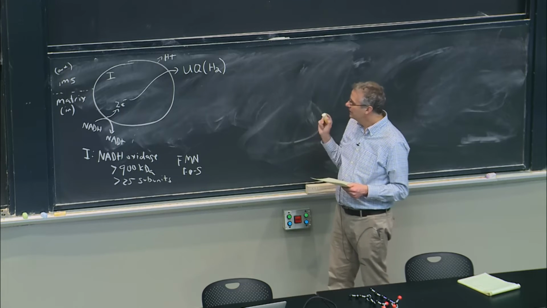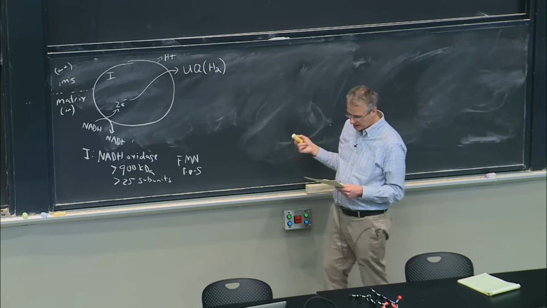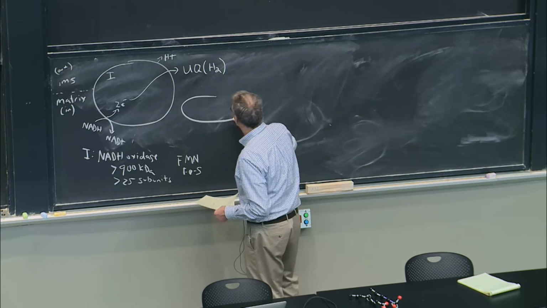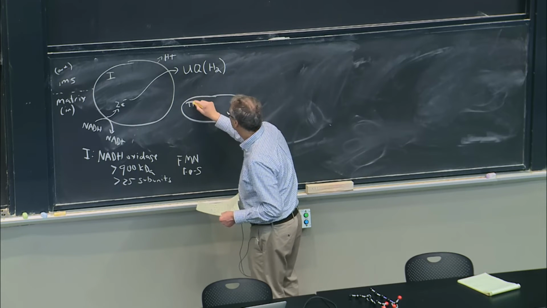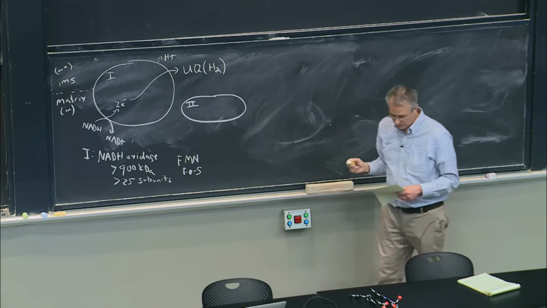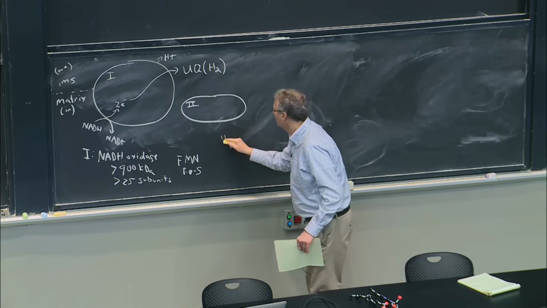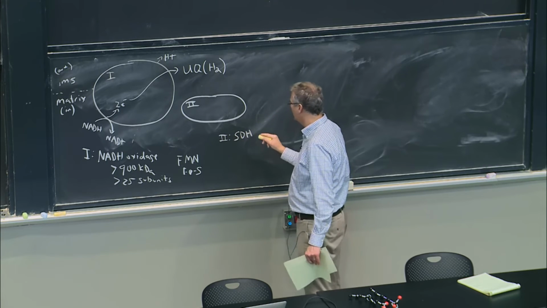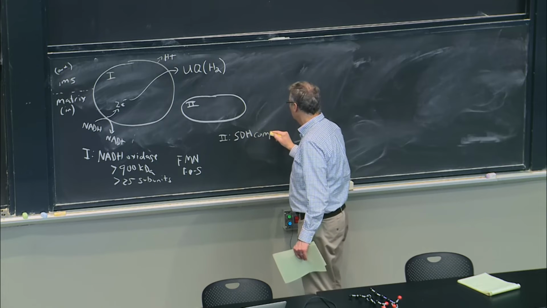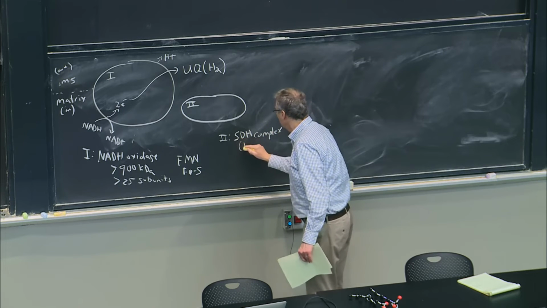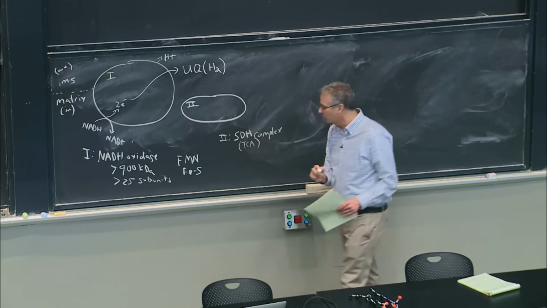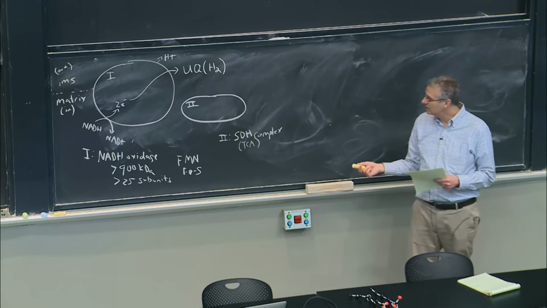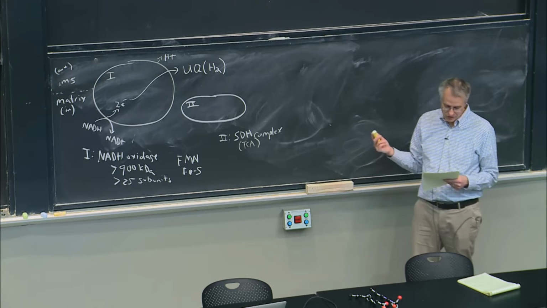Okay. The next complex is complex 2. Complex 2 is succinate dehydrogenase, the exact enzyme that we heard about from the TCA cycle. So what does succinate dehydrogenase do?